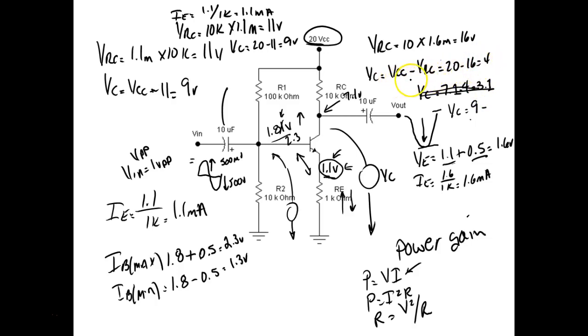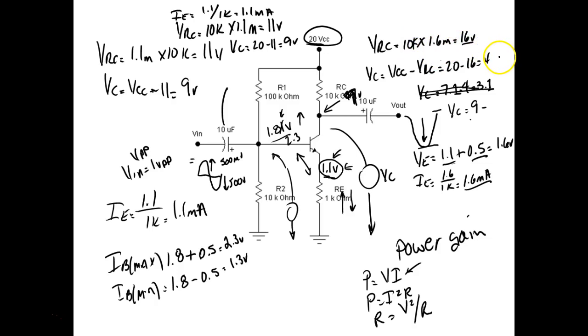So we started out with VCC equal to 9 volts, right? I don't know where the 7.1 came from. And then what we did is when we came over here and increased this to 1.6 volts, that would be 1.6 milliamps. Then we come up here and recalculated what our resistor would drop. That's 10K times 1.6 milliamps.